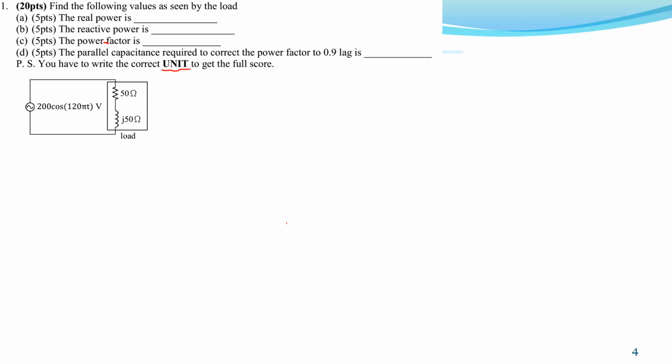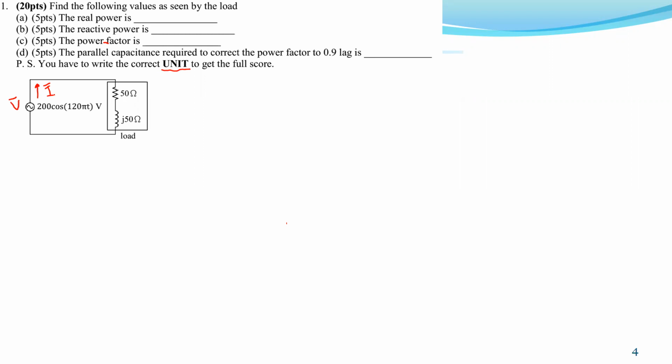So first of all, to calculate real power, reactive power, and power factor, we need to calculate the phasor of the source and the phasor current of the source.